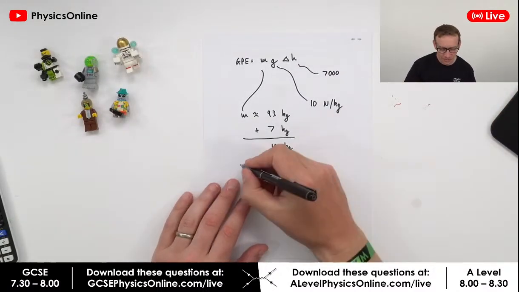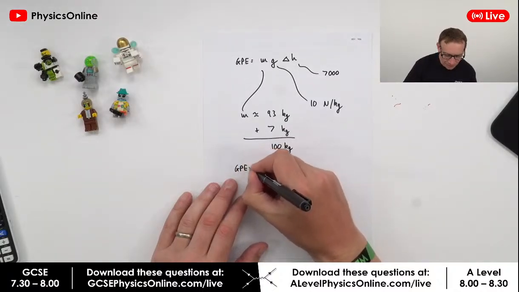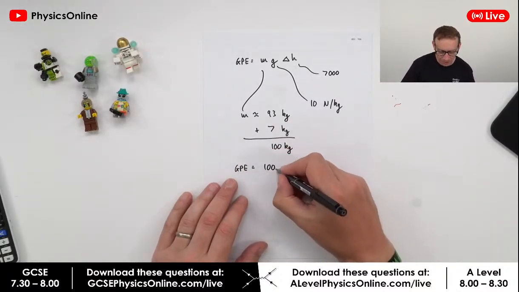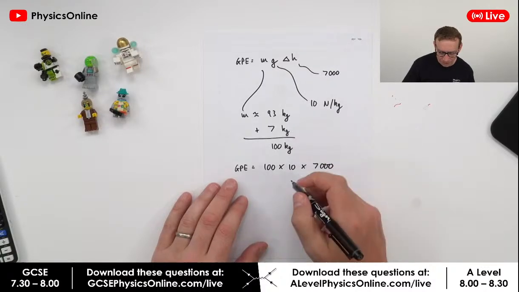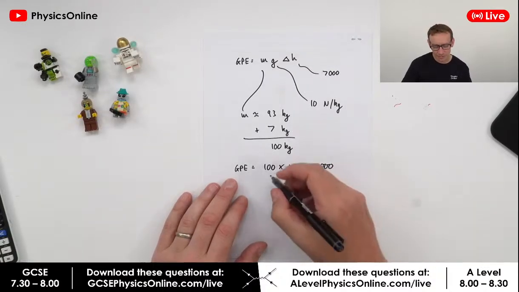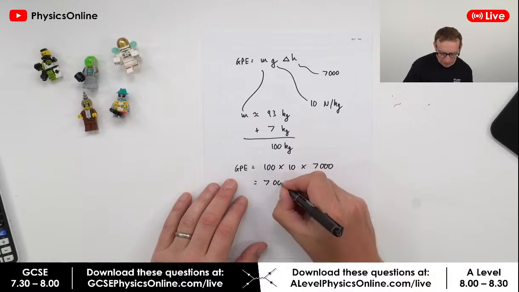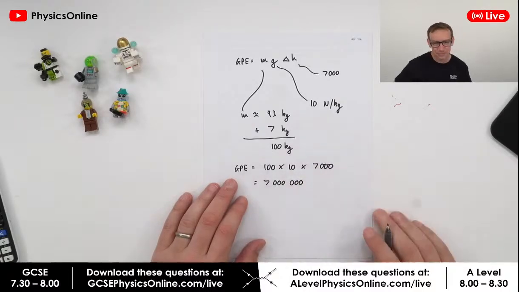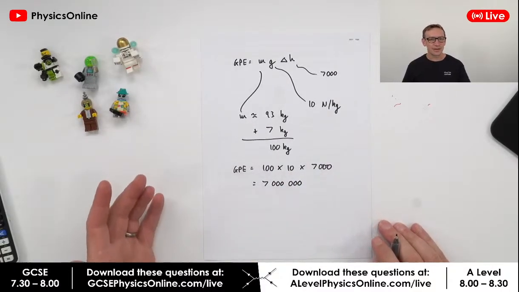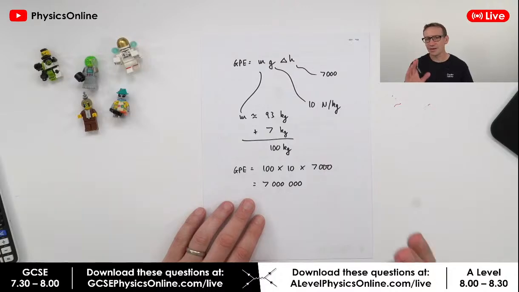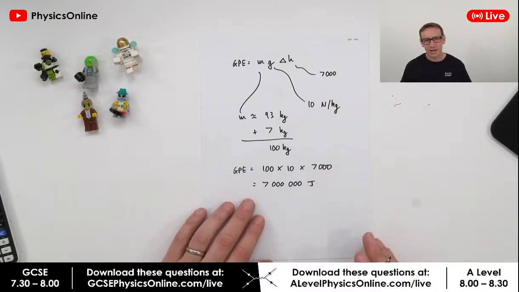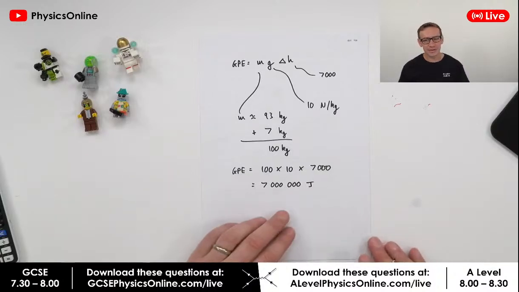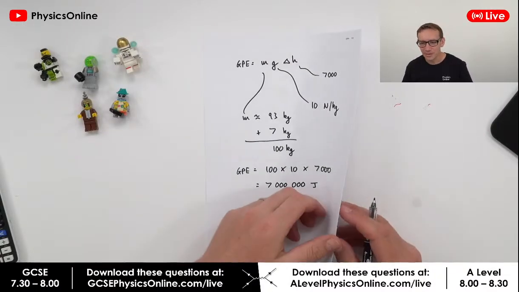So the total change in my gravitational potential energy over the weekend was my mass of 100 kilograms times g of 10 times 7,000. That's 1,000 times 7,000, which is about 7 million joules. I don't exactly know what that is in calories, but it wasn't just going up a nice smooth slope. So there we go. 7,000 joules was my increase and also decrease in gravitational potential energy over the weekend.